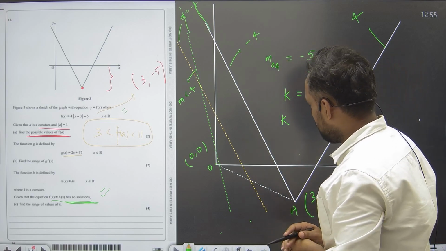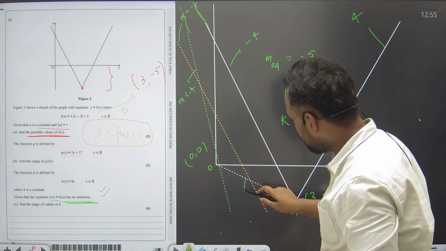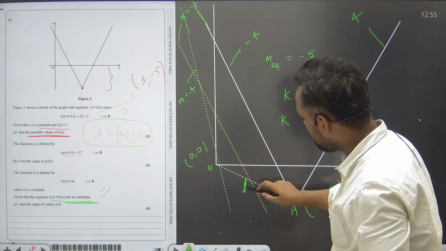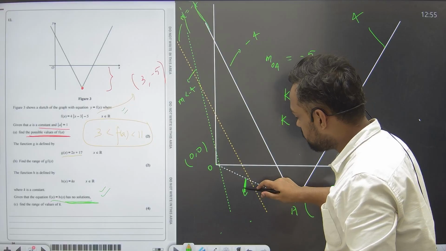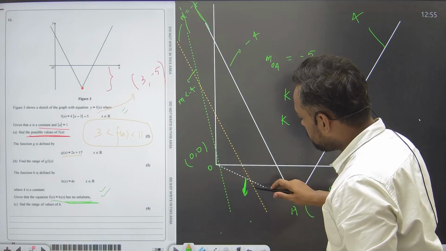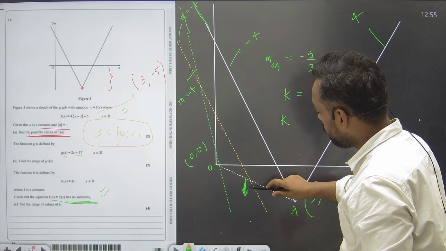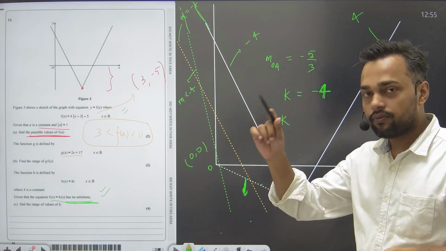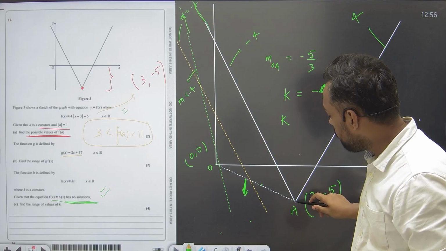And we can also say that the slope of the line we calculated as negative 5 by 3, the slope of the line k must be less than this particular line, because if the slope of the line k is equal to negative 5 by 3, we can say that it will be intersecting.